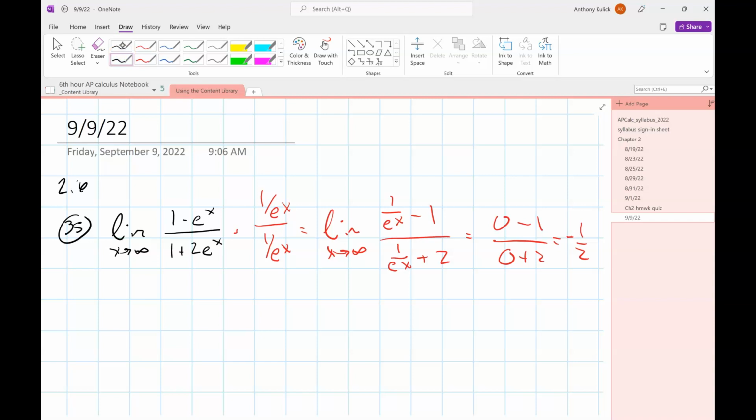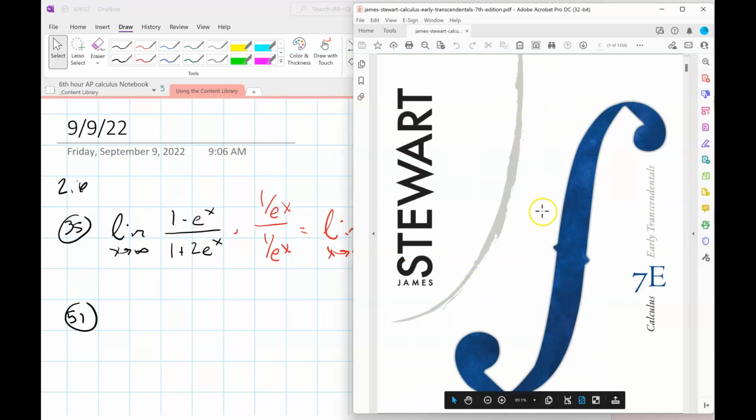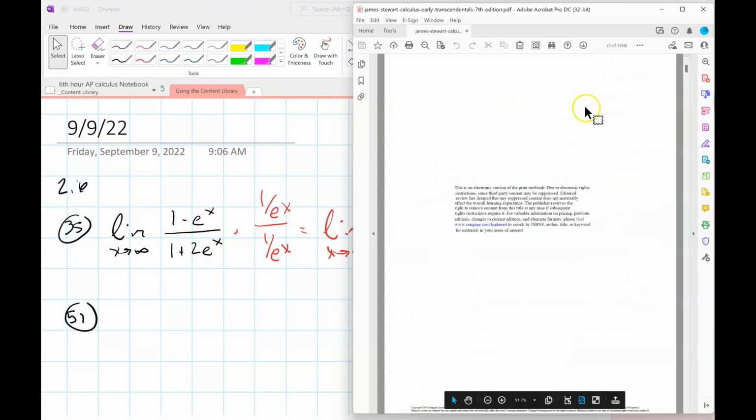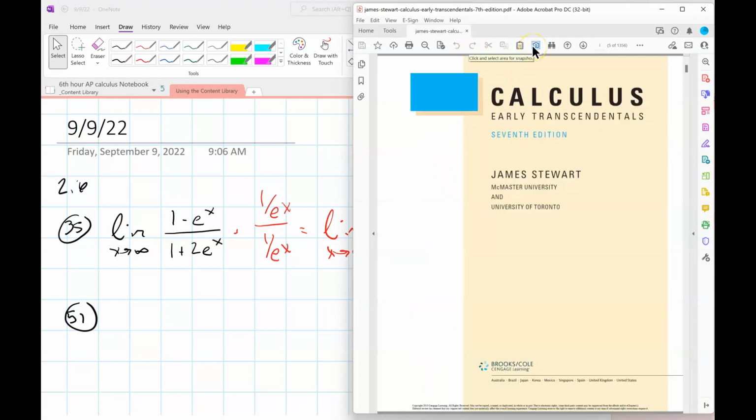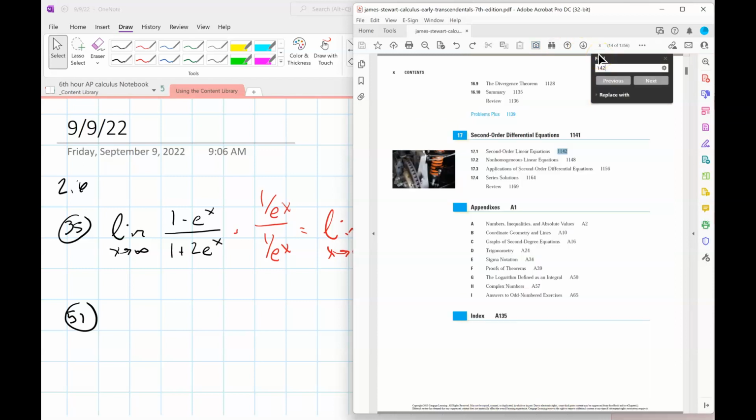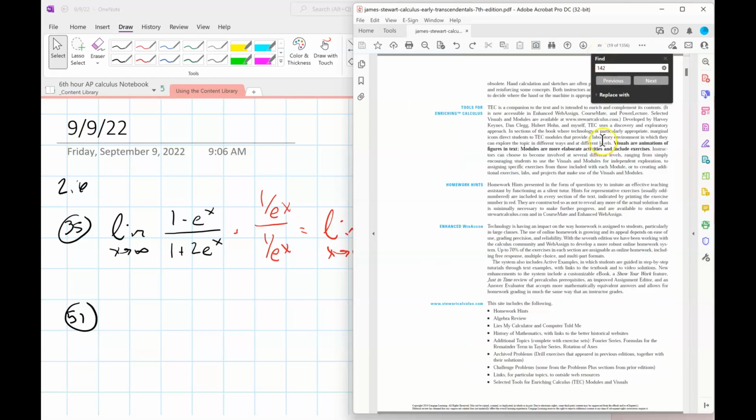Blake. How did you get number 51? How do you do it? Okay. Let's see here. I got that far, and then I quit. What page is this on approximately? I don't know. 120, 142. Wait, where'd you get this really fancy PDF?